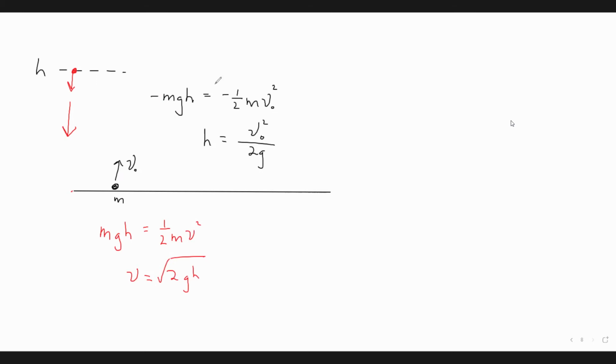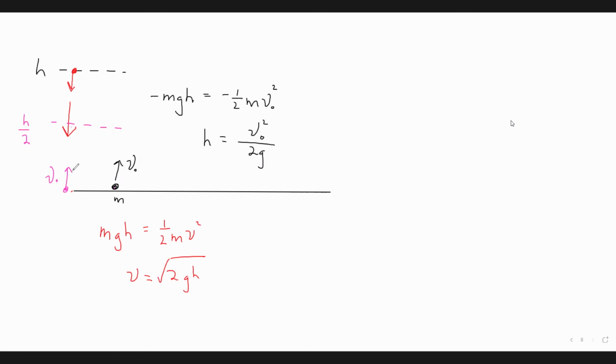Let's ask a third kind of question. How fast is it going when it reaches a height h over 2? Well, let's start from throwing it upward. So I'm throwing it upward with speed v0. How fast is it going when it reaches height h over 2, so half of its maximum?